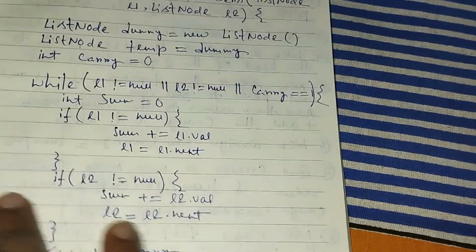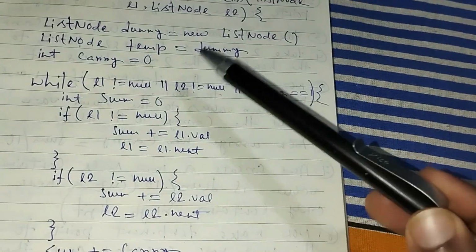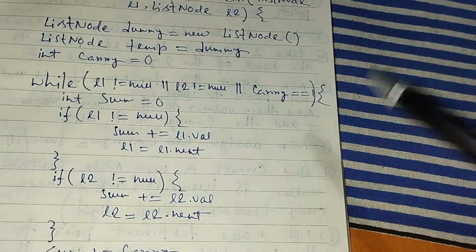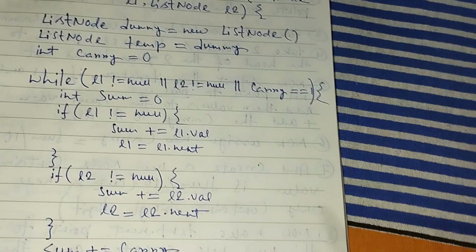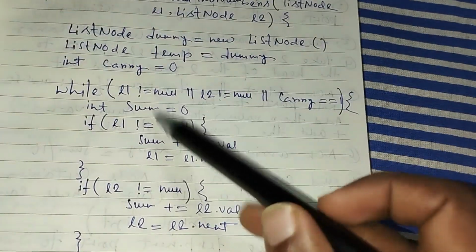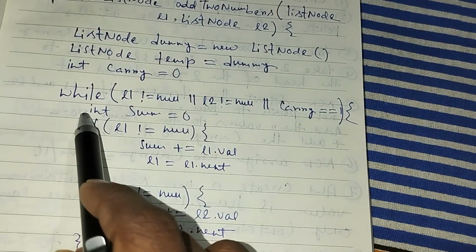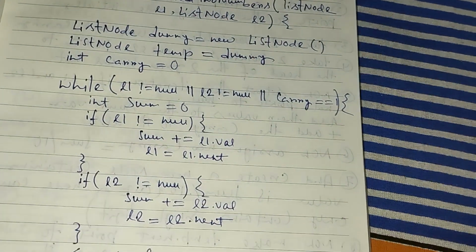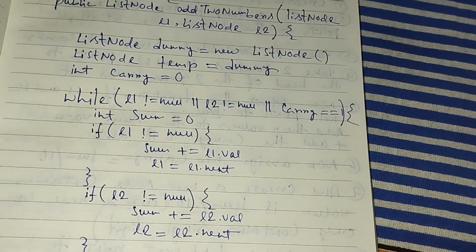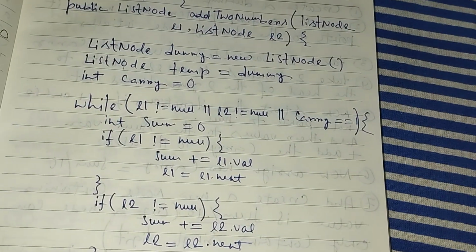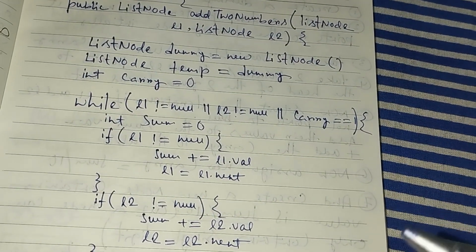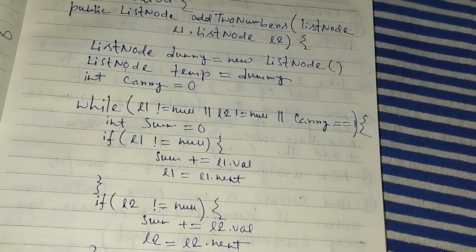Carry is outside the while loop, meaning carry doesn't depend on the iteration. Inside the while loop we have the sum variable, because sum only depends on each iteration, and at the beginning of each iteration the sum is 0.